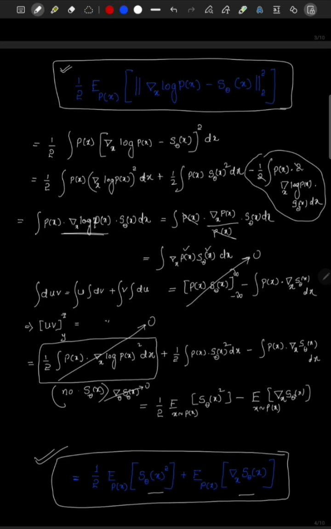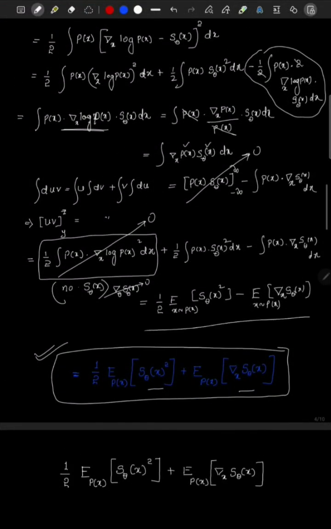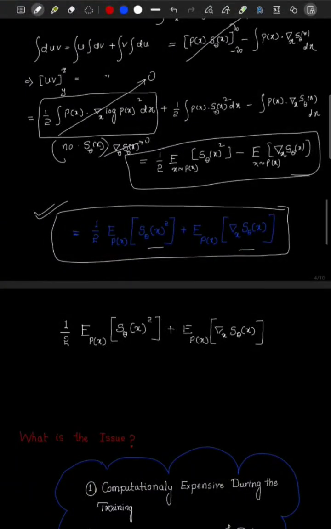Here we can say that this term does not have any log p(x) type of terms in it, where the log p(x) term is quite intractable and we are not able to get that particular value for an unknown distribution. So now we don't have log p(x) anymore. It looks feasible for us to model it, because we only have s theta of x, and we can train s theta of x through a neural network.